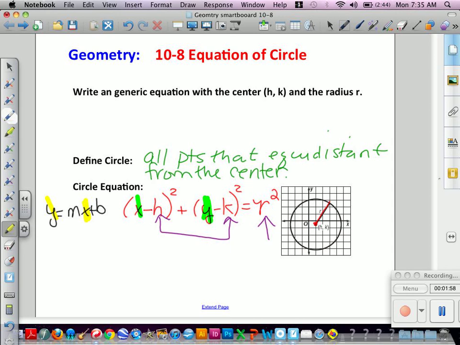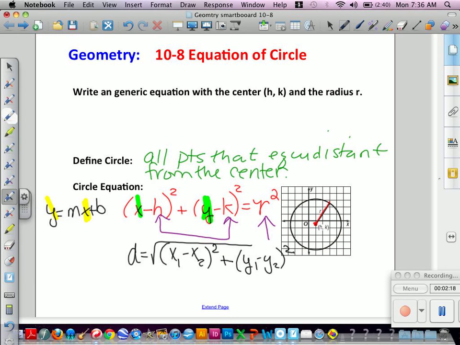Where does the circle equation come from? If you look here, people, if you did the distance formula, you would take the square root of (x1 minus x2) squared plus (y1 minus y2) squared.